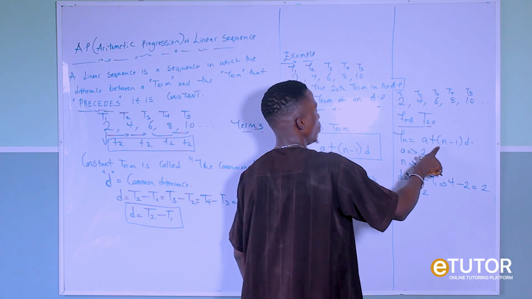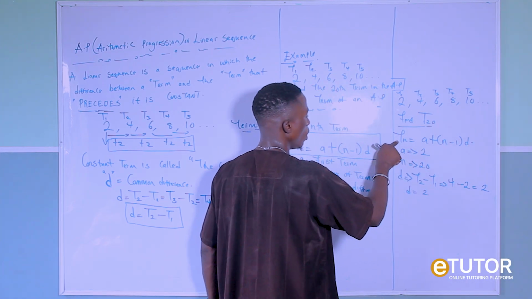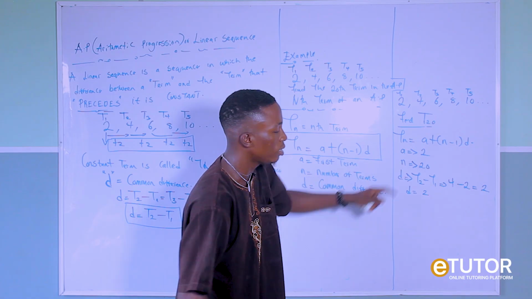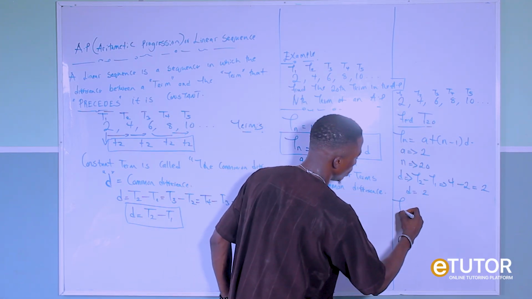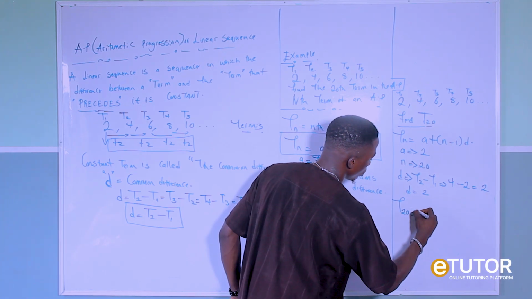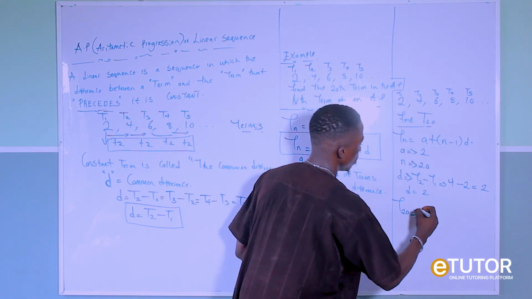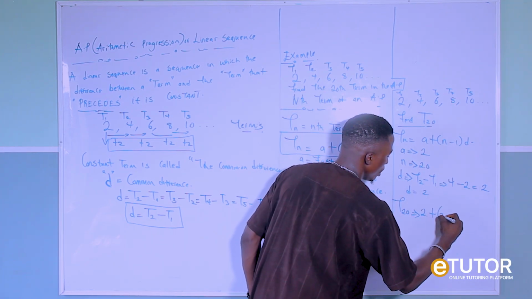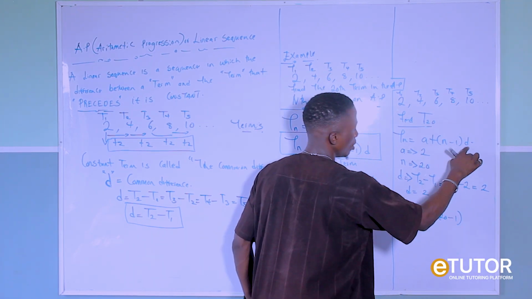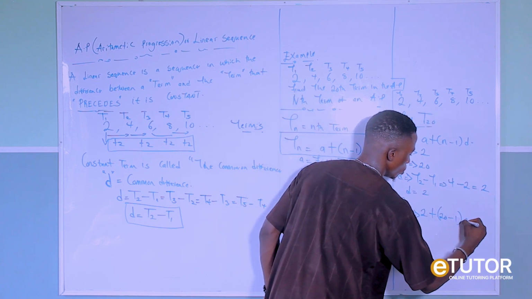We have our A, we have n, we have D. Now, we're told to find T20. My n is 20. My T20 equals A, that is 2, plus n minus 1, which is 20 minus 1. D is 2.